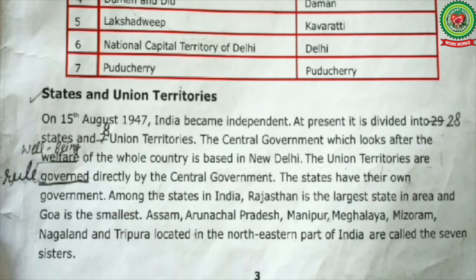Let's start reading. Rajasthan is the largest state in area and Goa is the smallest. Assam, Arunachal Pradesh, Manipur, Meghalaya, Mizoram, Nagaland and Tripura, located in the northeastern part of India, are called the Seven Sisters.